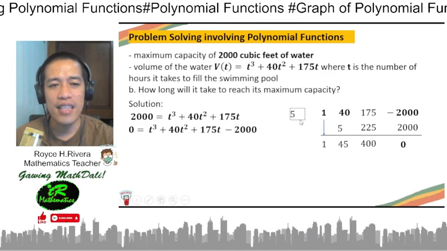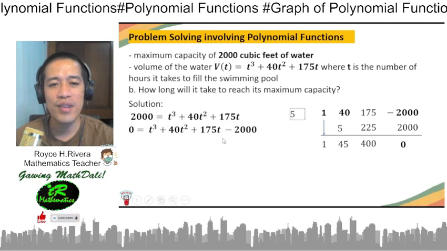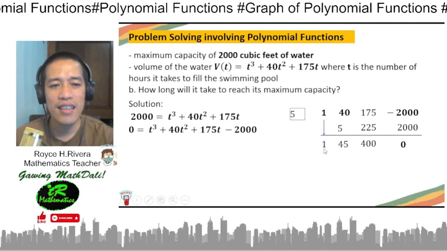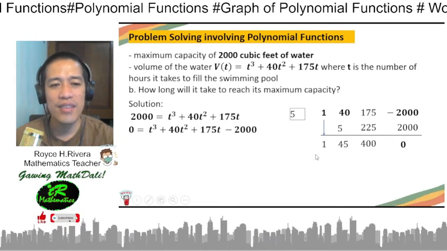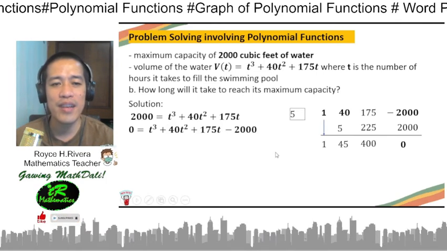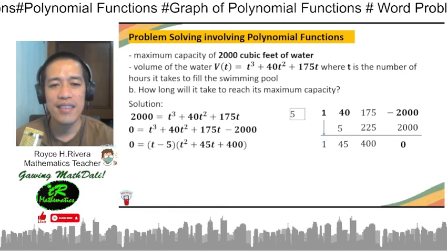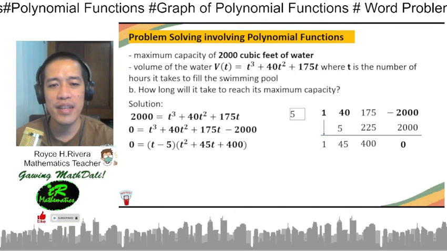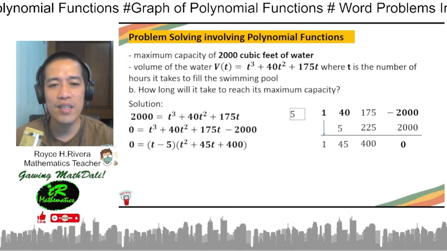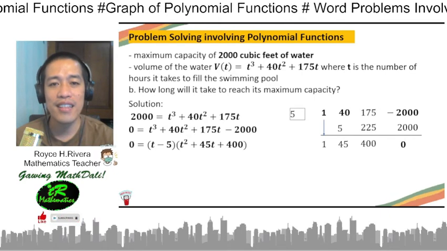Meaning t minus 5 is a factor of the resulting polynomial equation. And here are the coefficients of the depressed equation. So I will now rewrite the resulting polynomial equation. So we will have 0 equals t minus 5 times the quantity t squared plus 45t plus 400.